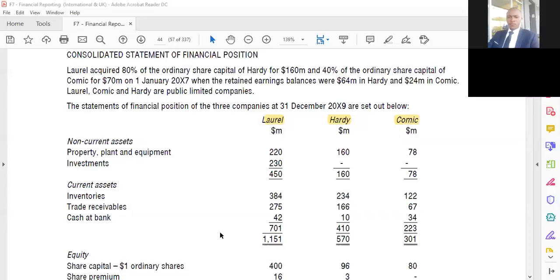But for me, I find it easier to first begin by getting the free marks. Once you get the free marks, you post them, then you can come back and start building your answers, from the group structure to a net asset list to goodwill to NCI, then to group retained earnings, and then you can go to investment in associate after you've done the free marks first. But some students start with the workings and then they start posting later.